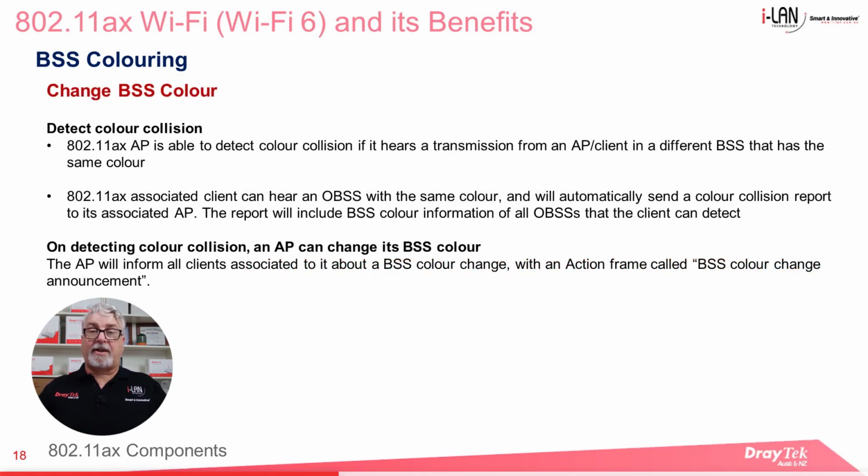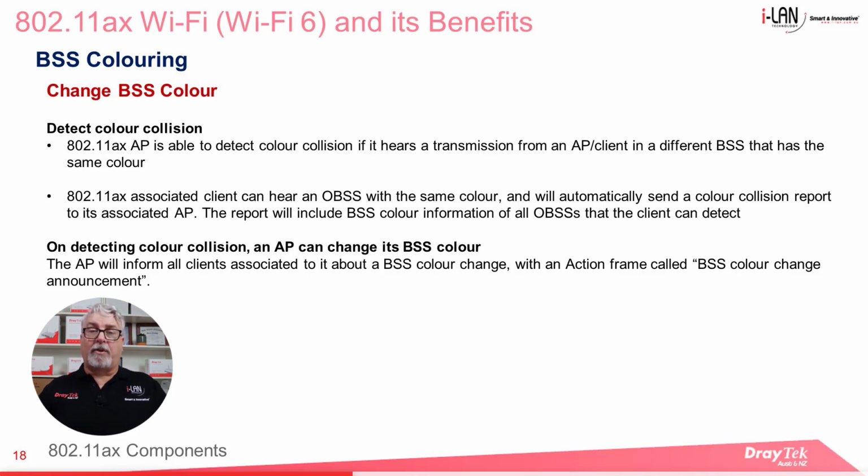If an access point detects a color collision, it can change its BSS color. Color collisions are detected if an access point hears a transmission from an AP or client in a different BSS that has the same color. If the 802.11ax associated client hears an OBSS with the same color, it will automatically send a color collision report to its associated AP.